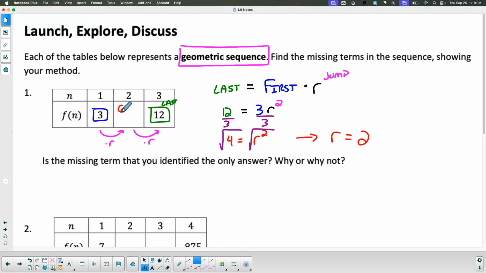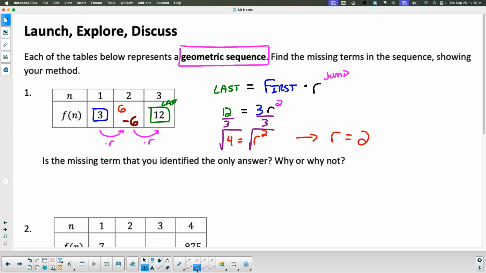What about 3 times what gives me -2? Oops, I said it. We're going to multiply by -2. 3 times -2 is -6. -6 times -2 is +12. So that works also, right?